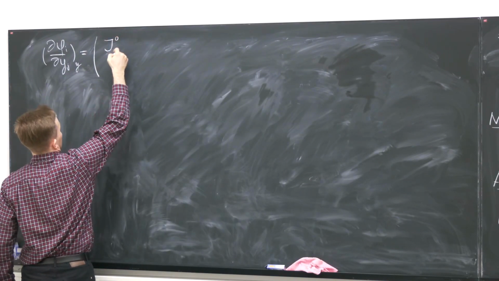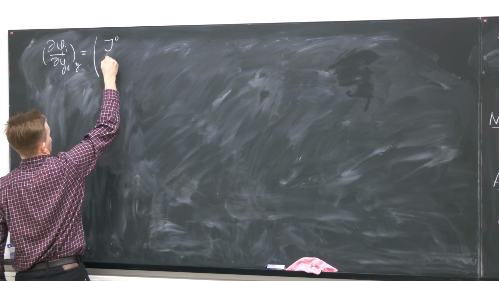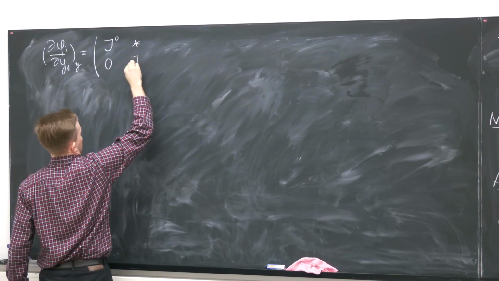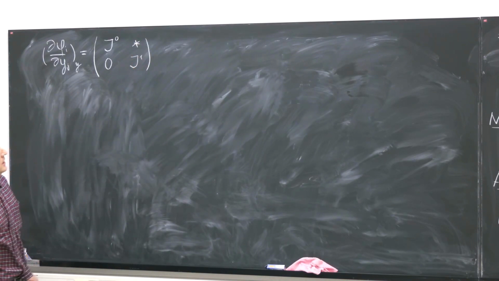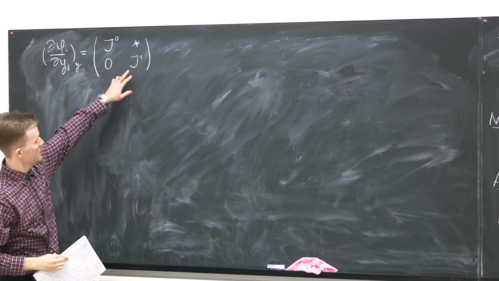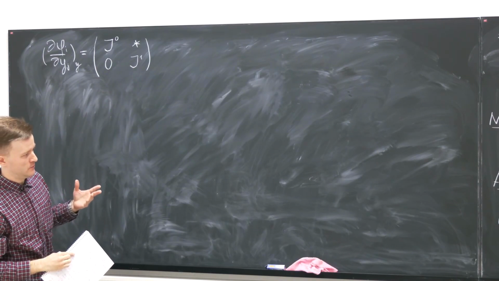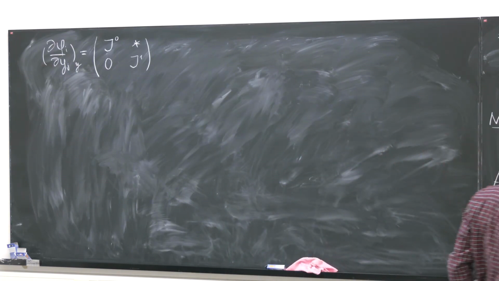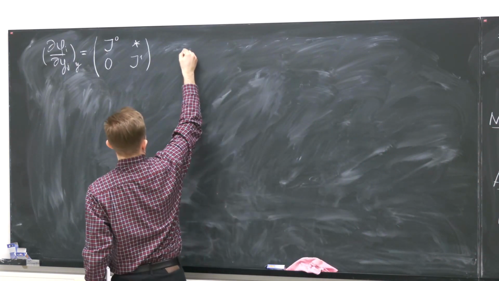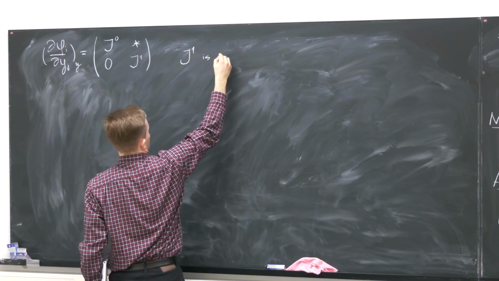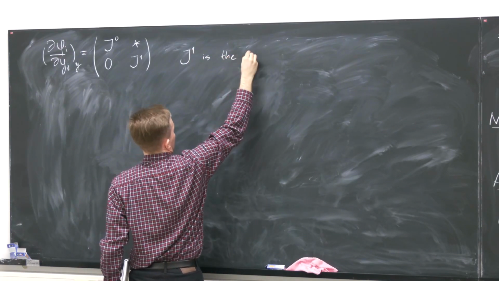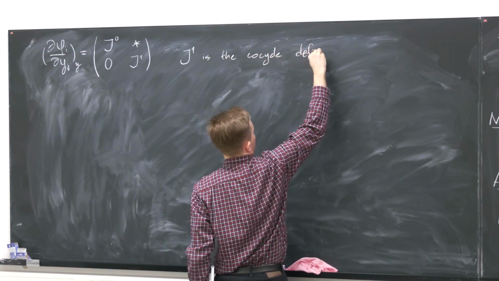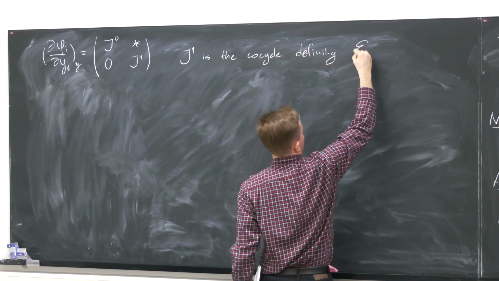There will be something in the top left corner, then here will be 0, and here there will be some other block J1, and this J1 will be exactly given by the cocycle defining this vector bundle E. So this J1 is the cocycle defining E restricted to Z.